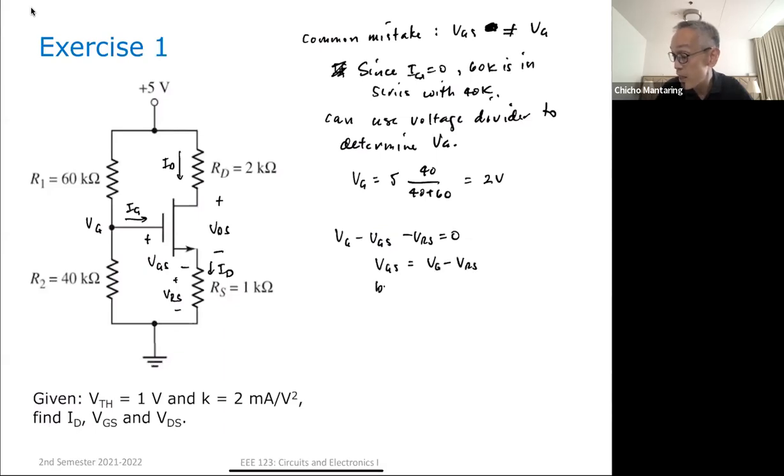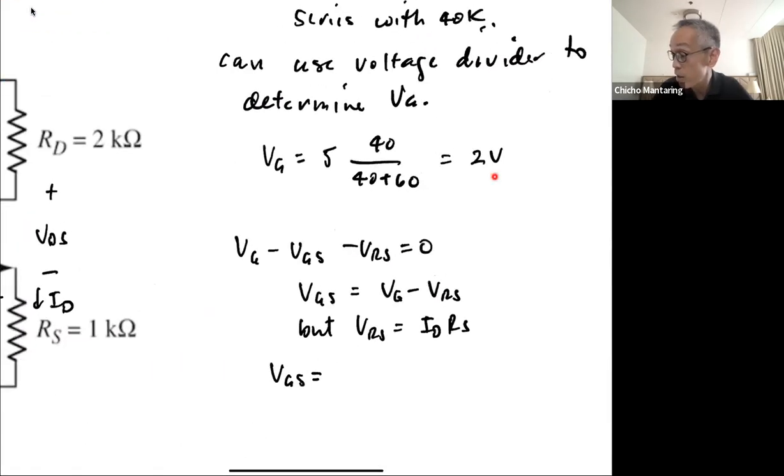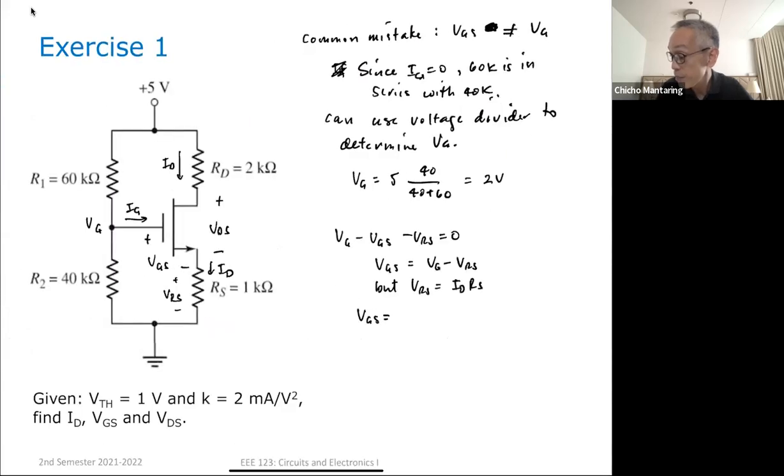But VRS is equal to ID times RS. So VGS is equal to 2, VG is equal to 2, minus ID times RS, where RS is 1K.